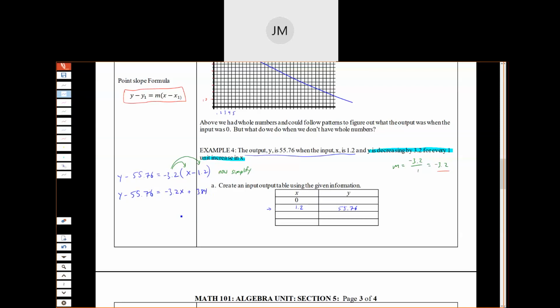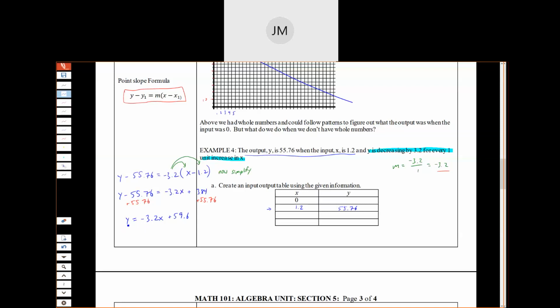Now, if I decide to solve for y, I go one more step and add 55.76 to both sides. I'll have y equals negative 3.2x plus, if I take 3.84 and add 55.76, 59.6.